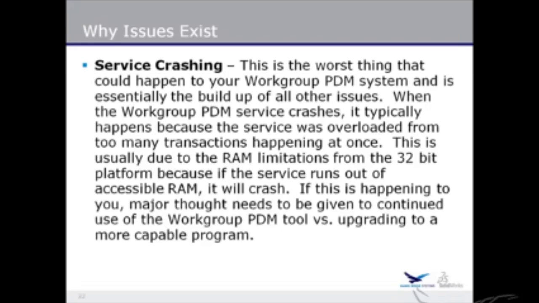Oh, you know what? We do have some questions. First question is, what if we need to share data with another location and you don't want them to use a VPN because you're worried about the performance aspect of it? Unfortunately, there's really no way that Workgroup can help you there.